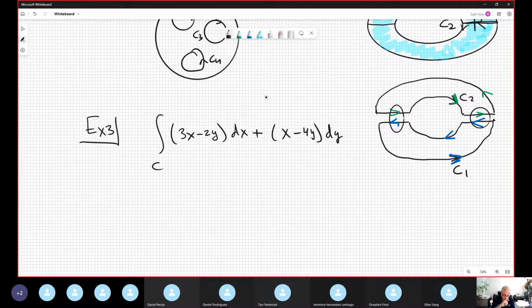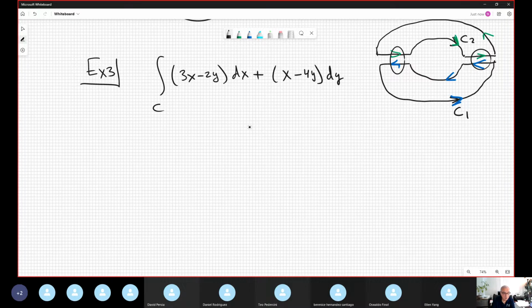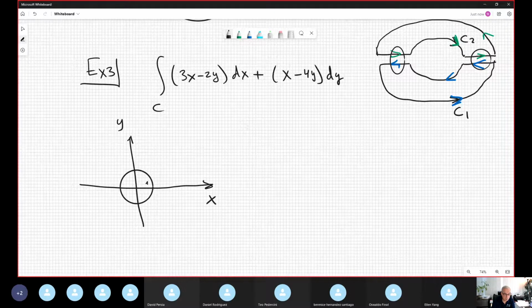And who is C? Bueno, C is the ring. It's the ring like that. Look. It's the ring formed by one circle here of radius 1 and another circle here of radius 4.